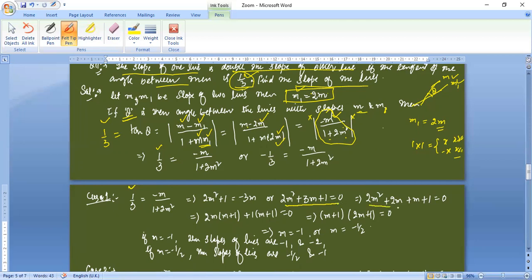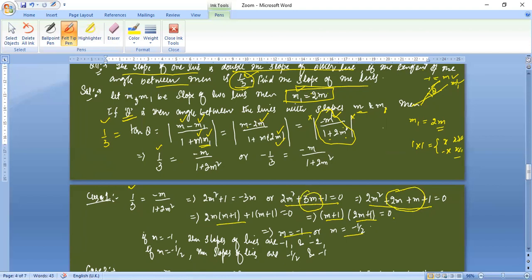Solve it by factors: we split 3m as 2m plus m, then factorize, and we get 2m plus 1 into m plus 1 equal to 0. Now either this is 0 or this is 0, so m equal to minus 1 or m equal to minus 1 by 2.